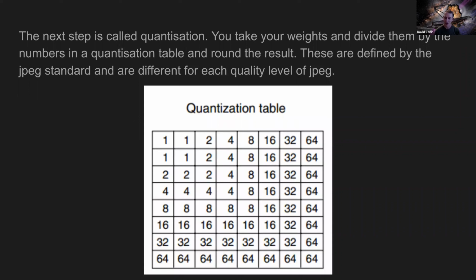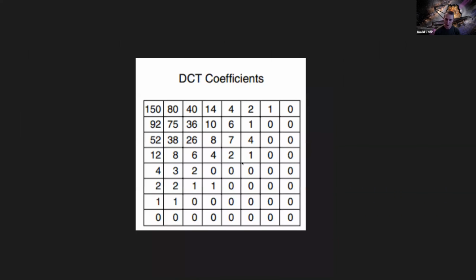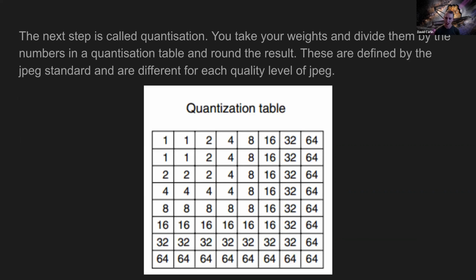And so you have a quantization table. So starting from here, we already know that the most important values are in the top left, but there might be some other values in the bottom right. But we want to, I guess, downscale them a little bit, limit them, quantize them a little bit.